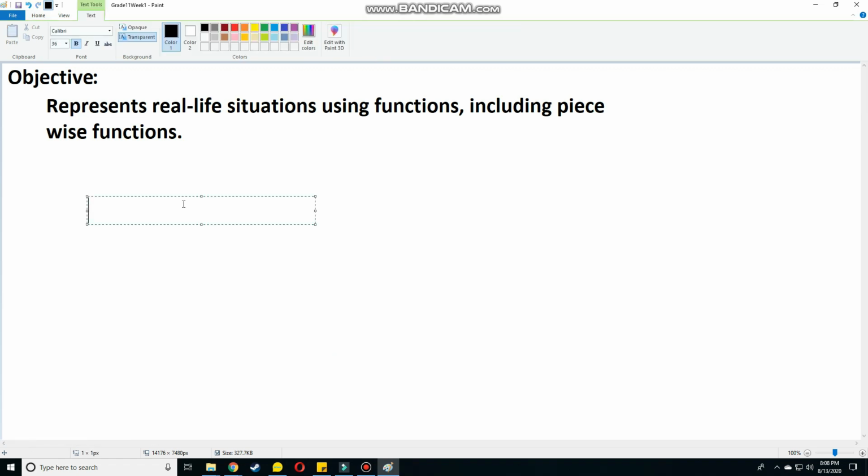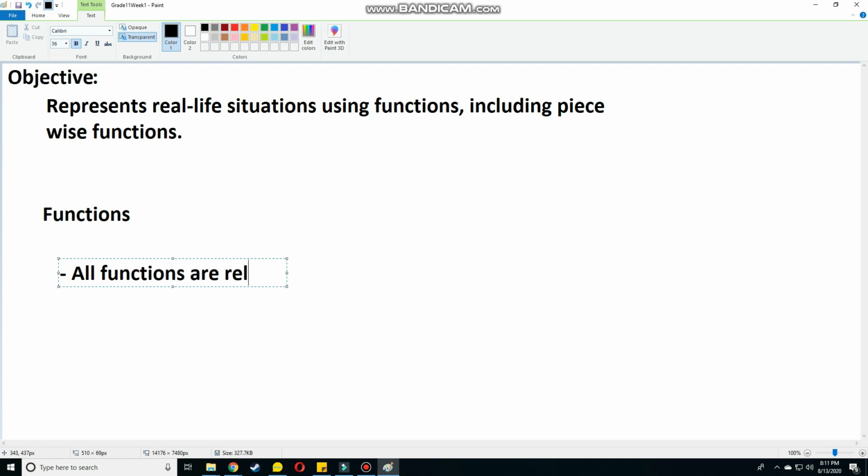And now, let's have a brief discussion about functions. I guess you are familiar with functions. It's because functions are widely discussed when you were in grade 7, 8, 9, and 10. And because of that, I know you are familiar with this saying, all functions are relations, but not all relations are functions.